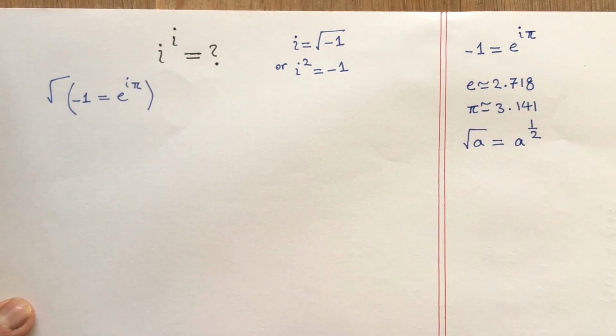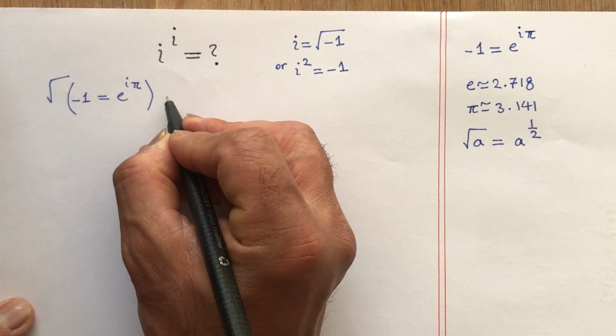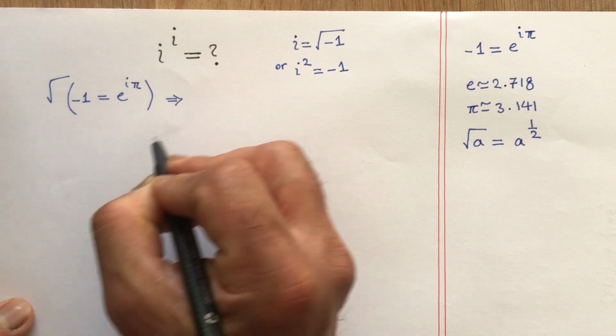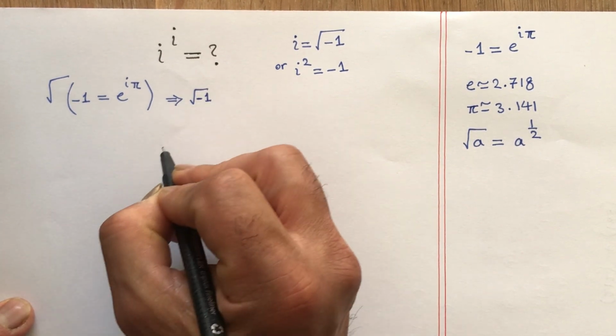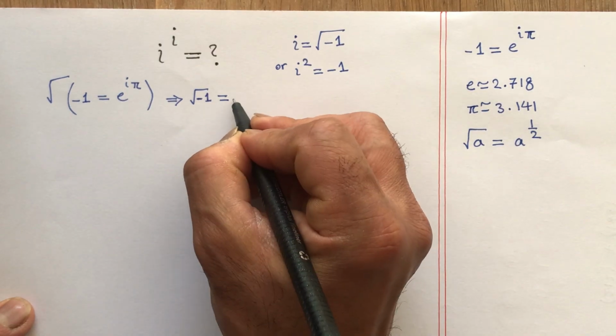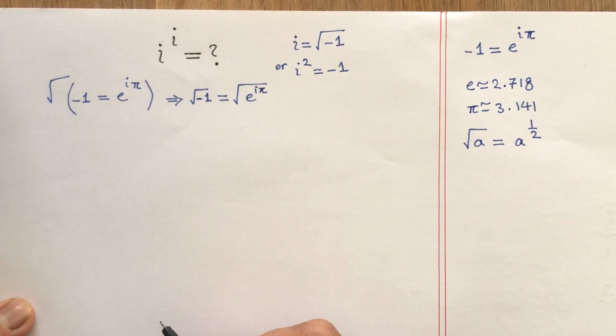That's the definition of the square root. Now on both sides we have the square root of -1 equals the square root of e to the power of i pi.